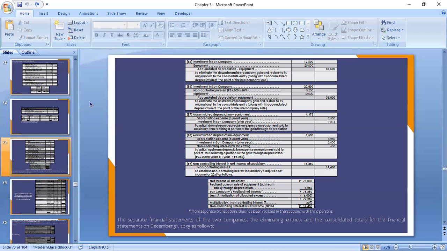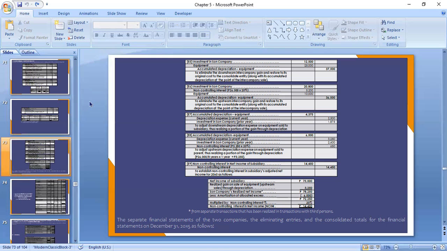Now these are the entries in connection with the recognition of the undervaluation and overvaluation. So net income of subsidiary, and then we have the realized gain on sale of equipment for the upstream sale through depreciation, and we have now the share of Sun in realized net income, and the negative 6,000 amortization of allocated excess.